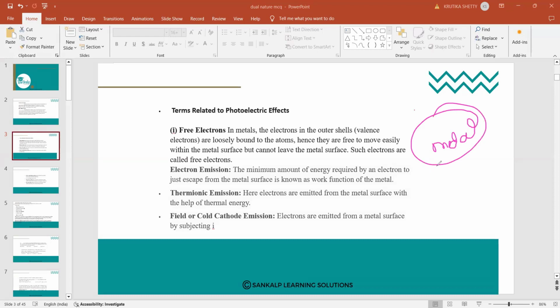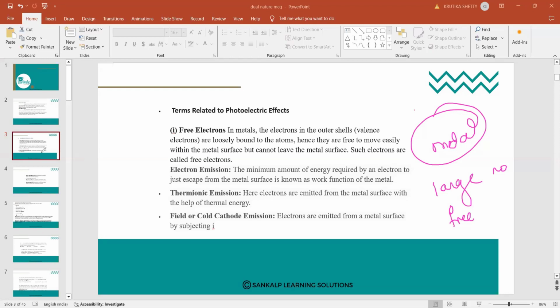See here, metals contain a large number of free electrons. Therefore, metals are preferred for obtaining electron emission, because more free electrons are available in metals. Okay. So this is regarding the introduction of the chapter, students.